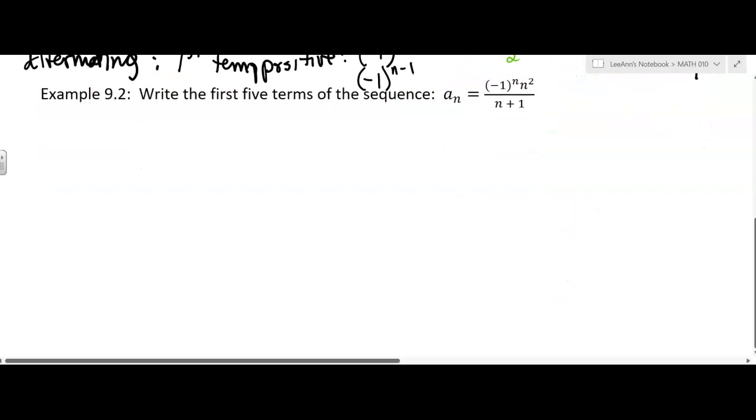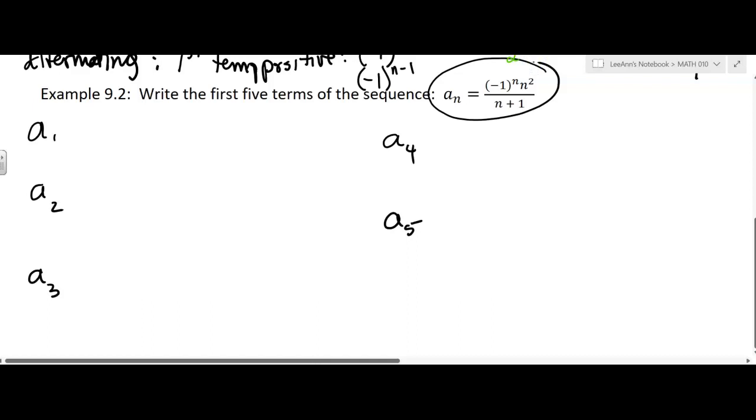They're going to give us one to practice on here. It says write the first 5 terms. So all we have to do is go back to our a sub 1, a sub 2, a sub 3, a sub 4, a sub 5. Okay, so here's the explicit formula.